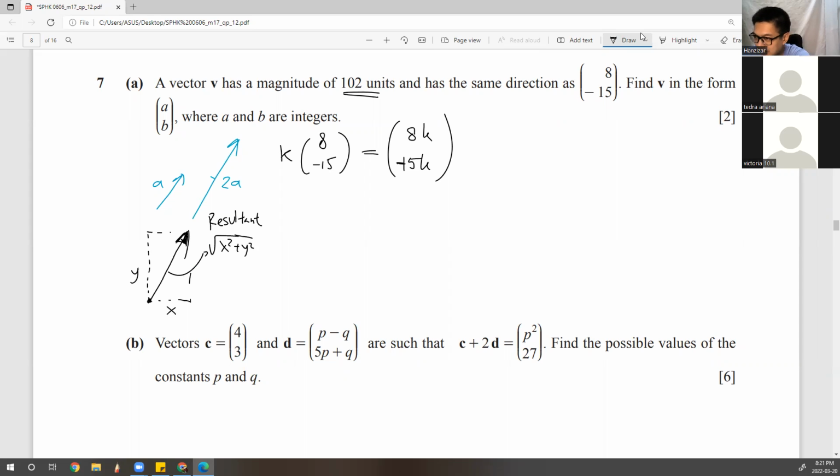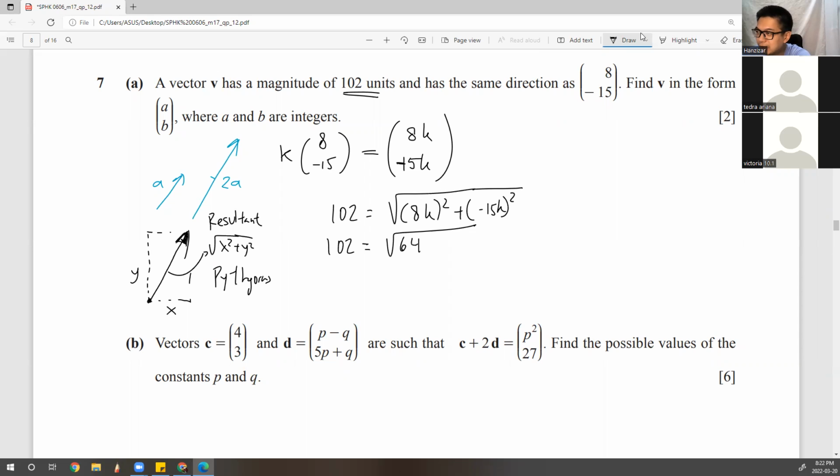So using the Pythagoras rule, the magnitude is 102 units. So 102 equals the square root of (8k) squared plus (negative 15k) squared, right? So 102 equals the square root of 64k squared plus 225k squared, and this becomes the simple answer, 289k squared. And we know the square root of 289 is 17, right?